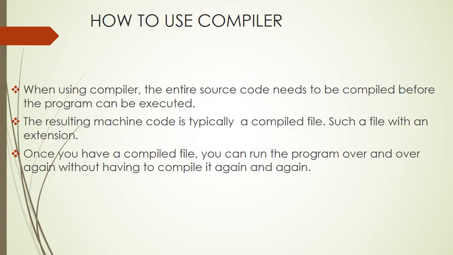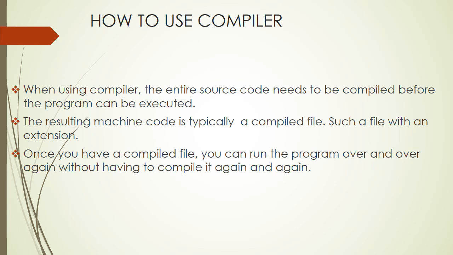So how do we use a compiler? When using a compiler, the entire source code needs to be compiled before the program can be executed. So let's look at source code. What is source code? Source code refers to the set of instructions written by a programmer in a specific programming language, essentially the raw human-readable text that outlines the logic and functionality of a software program.